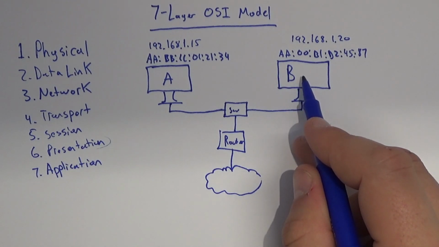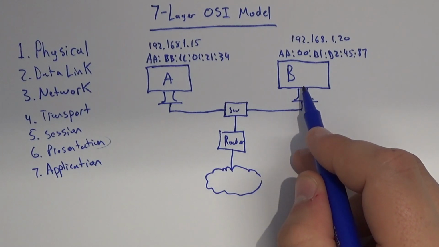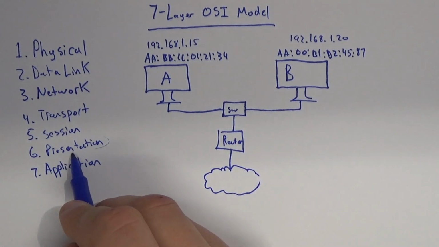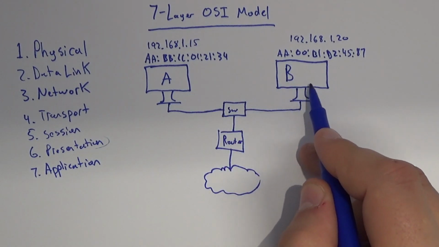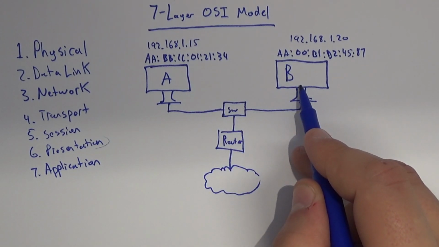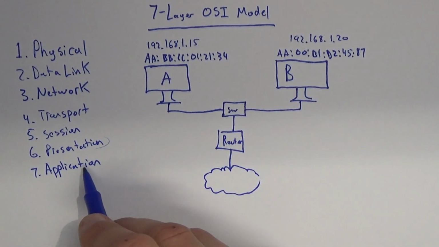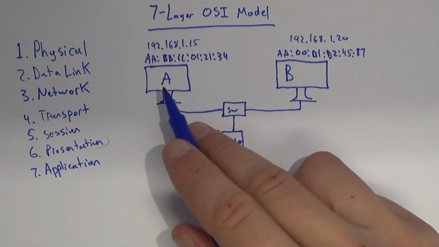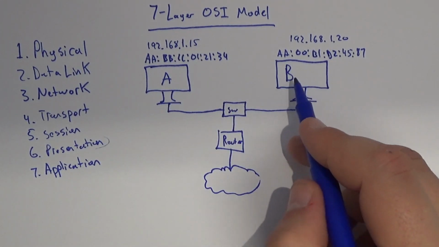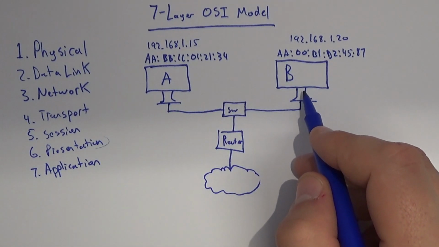It's meant for the Skype application, so it's going to send it that direction. The presentation layer might decrypt the message. If A encrypted it, computer B is going to decrypt it at the presentation layer. And finally, at the application layer on computer B, up is going to pop a little notification that computer A sent you a message, and hello is going to appear on computer B.